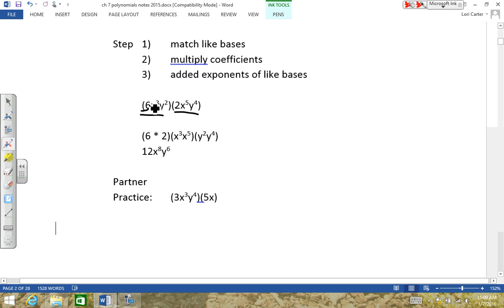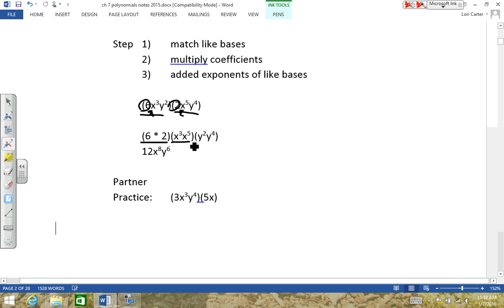So first thing is you take the number times the number, 6 times 2. Now what's next? You have to add the variables. What's the same? An x cubed and an x to the 5th.